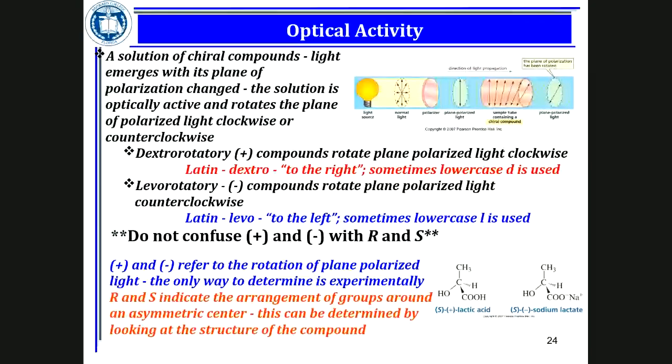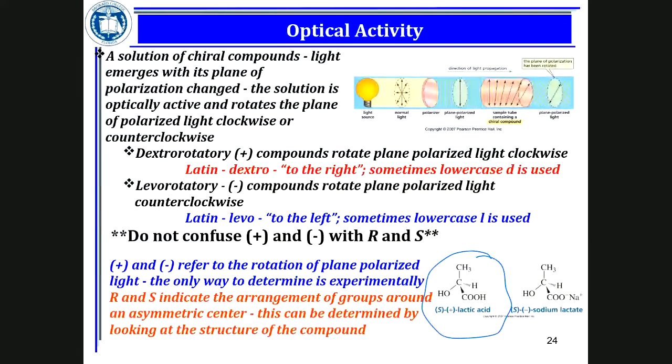If the light rotates to the right side, it is positive, or dextrorotatory; to the left side is going to be negative. That means it is moving to the left side. Now, would the S enantiomer always be positive or always negative? We talked about that before. It has to be determined experimentally, and this is important.